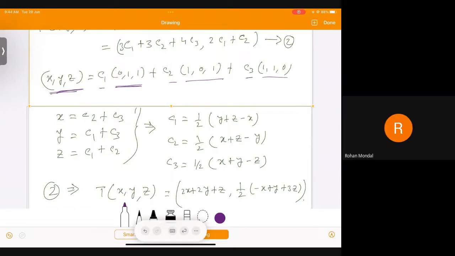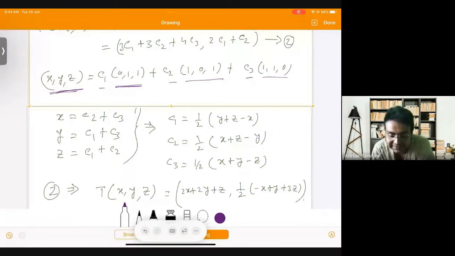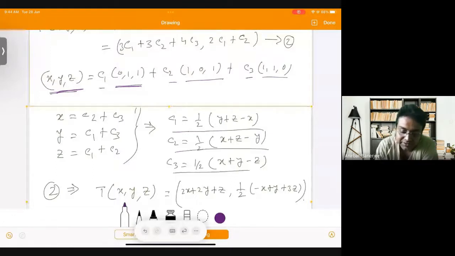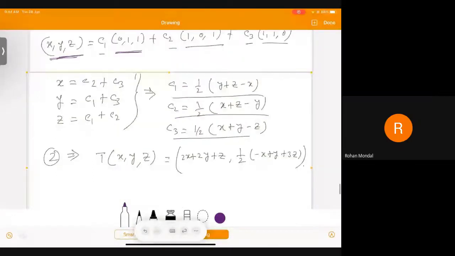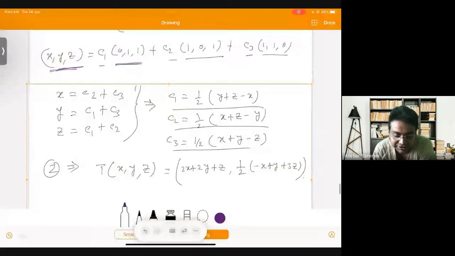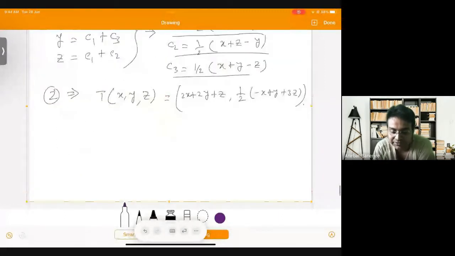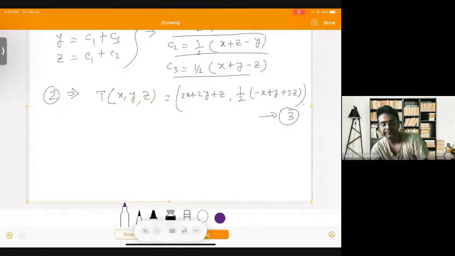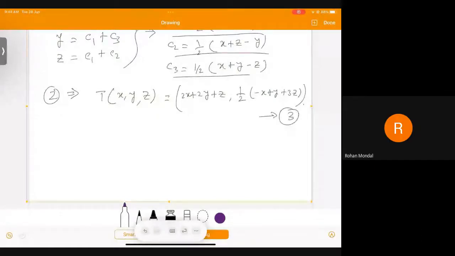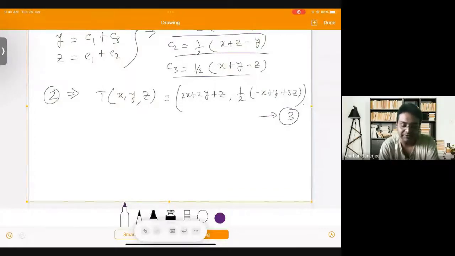Now, equating this, we get the values of c1, c2 and c3, and we apply these values in equation 2, and then equation 2 becomes this equation. Let's write this down as equation 3. Okay, fine. Any other question from anybody?